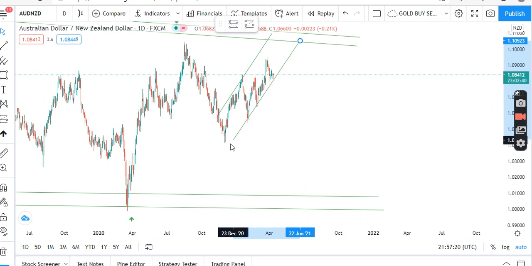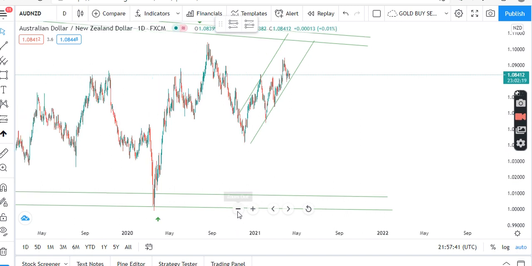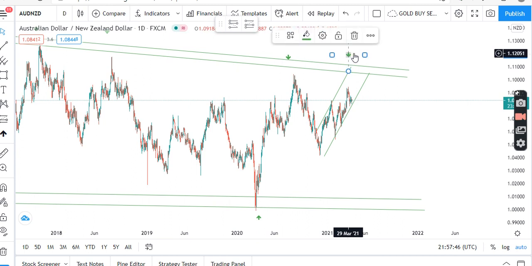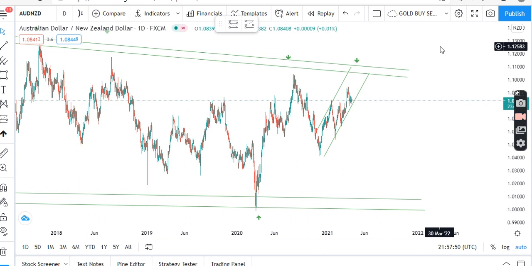So this is a corrective move, and we know that it's heading to that area which is the outermost high, and somewhere there, that's where I want to sell from long term, right? So if we zoom out again, you see where it's heading. It's heading here where we want to sell, right?